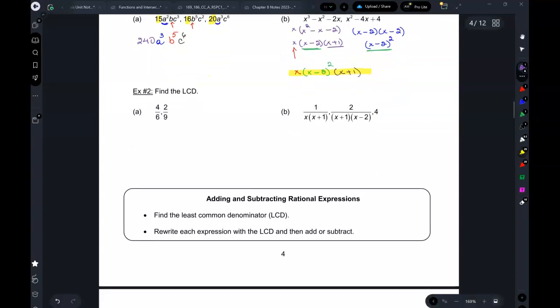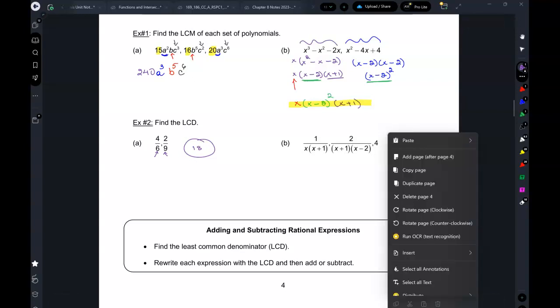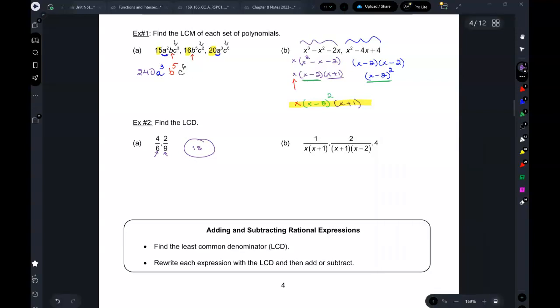Okay, so here too, let's find the LCD. All right, so I have 4 over 6, 4 over 9. I look at the denominators. Between the 6 and the 9, we said the LCD was 18. We just did that before. Here, I have one denominator of x(x plus 1), another of (x plus 1)(x minus 2). Here, this is just a whole number, but it has a denominator of 1.